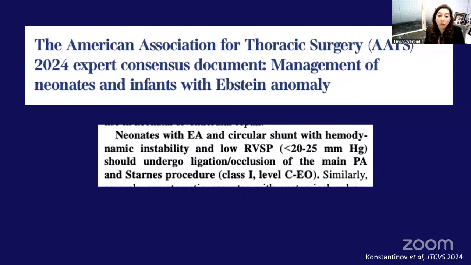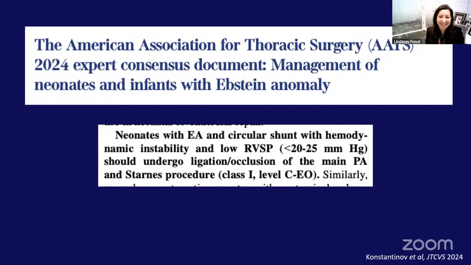And I was really thrilled to see that in the recent iteration of the AATS expert consensus guidelines regarding the management of neonates and infants with Ebstein anomaly, they continued this message, which is to say that those with Ebstein's or tricuspid valve dysplasia, I'll add, with circular shunting, hemodynamic instability, and a low right ventricular systolic pressure cannot be medically managed.